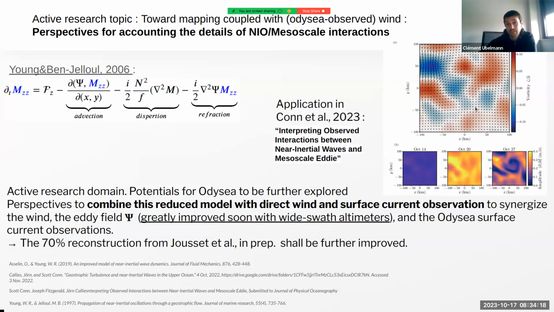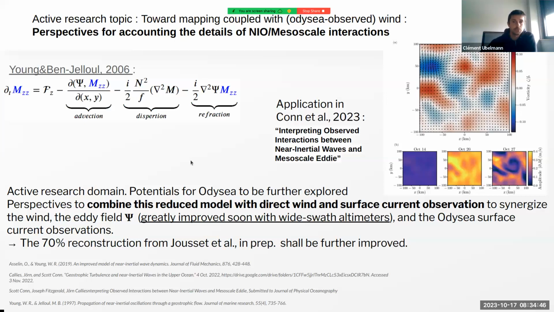And as we can see here on this figure from their very recent paper, they can reproduce the modulation of the amplitudes of the NIOs due to the presence of mesoscales. These are quite large mesoscales already seen by altimetry, and that could even be seen without altimetry with Odyssey alone with very low pass filtering.